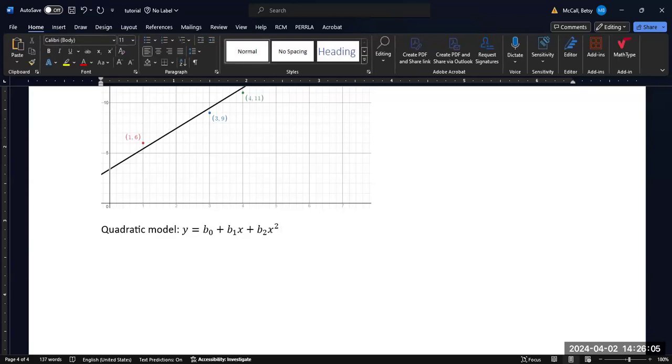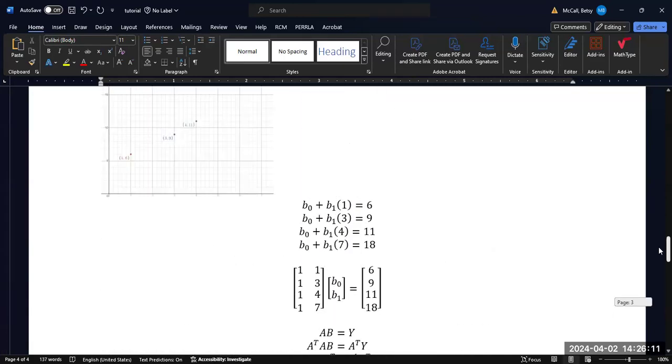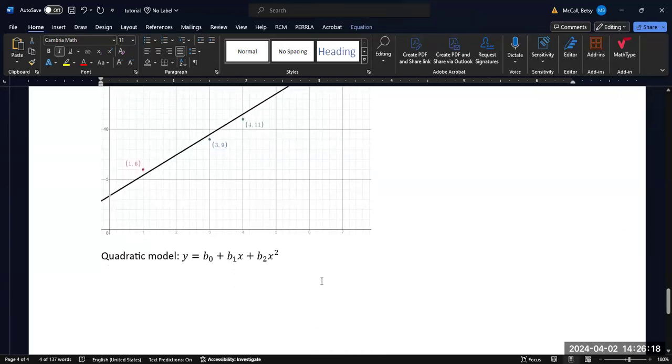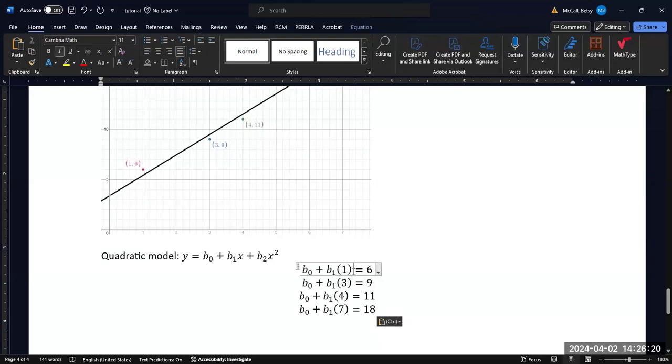I can use exactly the same procedure. My linear equations would no longer be linear, because I would have a third coefficient in them, b2, and my x variable squared.